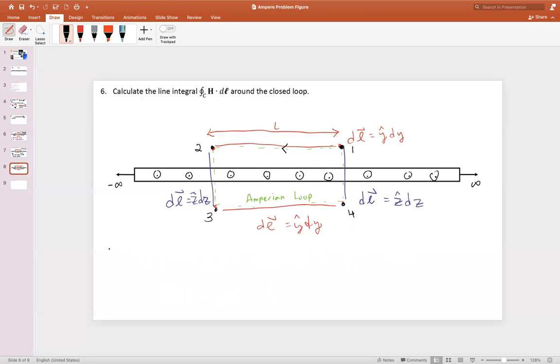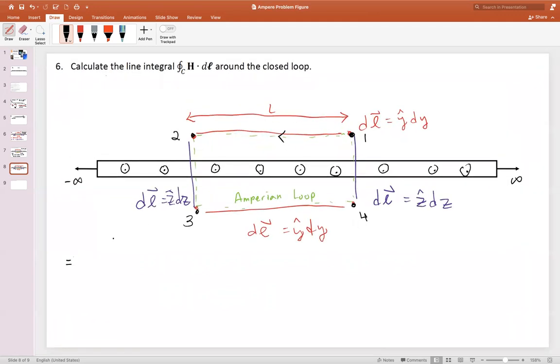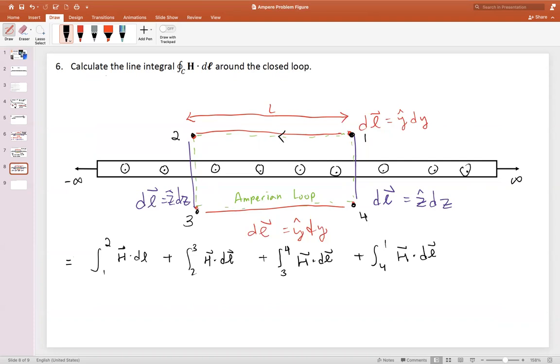So we can write this up as 4 different integrals. So from 1 to 2, 2 to 3, 3 to 4, and from 4 to 1. And recall, some of these integrals are not actually going to contribute to our final result.